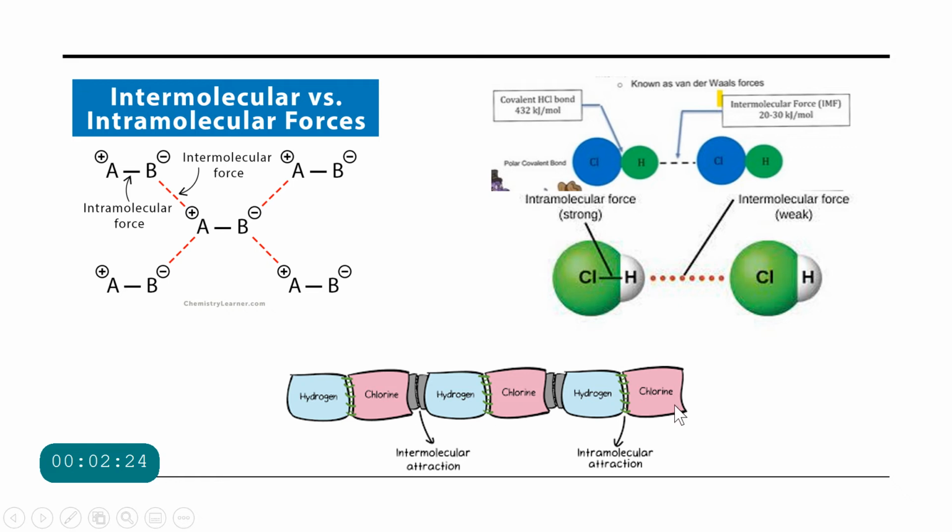This one here is just showing you a little more, drilling it into your brain, that the intermolecular attraction, or intermolecular force, comes from between the molecules. A hydrogen chloride attaching to a hydrogen chloride is a weaker bond, while the bond in the middle of the hydrogen and the chlorine is an intramolecular attraction.